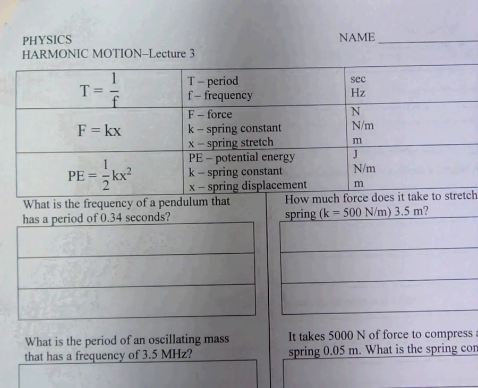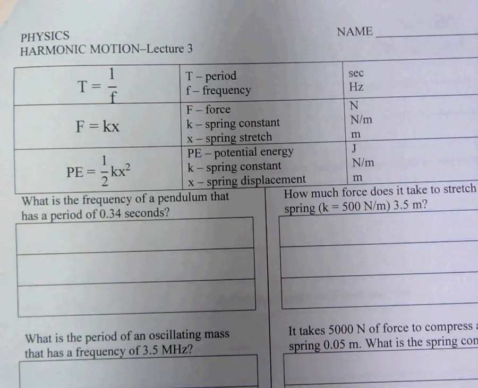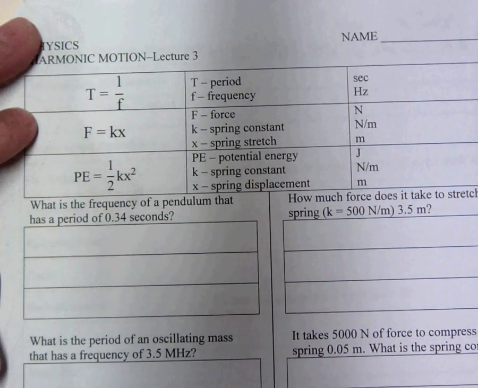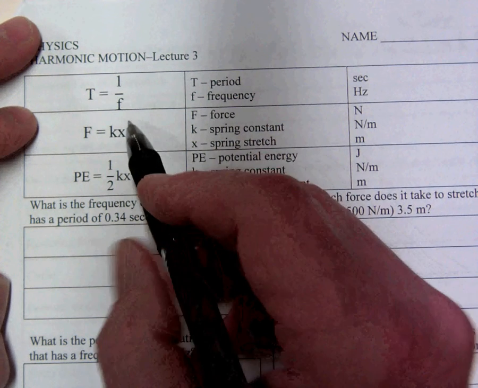So if you know the period, you can do an inverse to find the frequency, or if you know the frequency, the inverse gives the period. The main thing on this is to know your prefixes, because you're going to deal with very small numbers or very large numbers. To make it easier to write, review your metric prefixes.